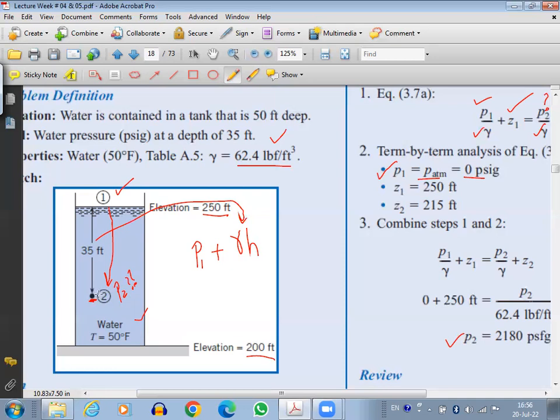So P1 plus gamma H is equal to P2. We wanted to find P2. So if I put the value of gamma here, H will be 35 feet and P1 will be 0. So I'm going to get the value of P2, which will be the same as here.